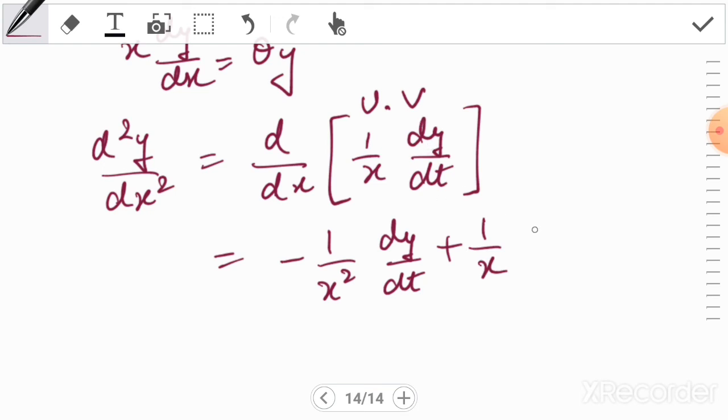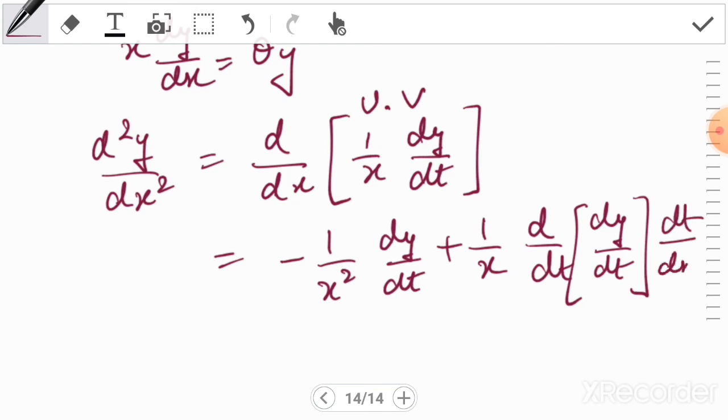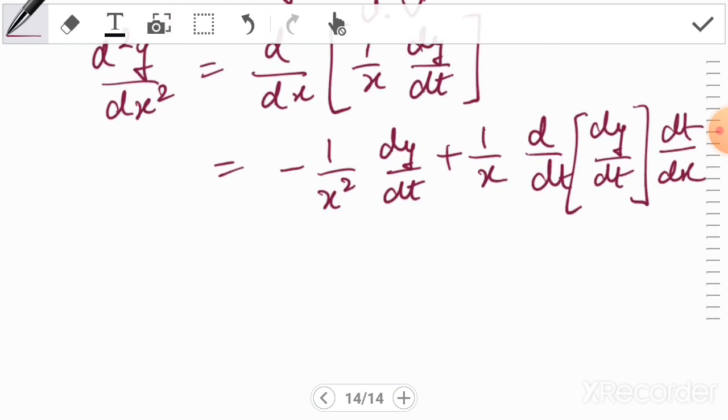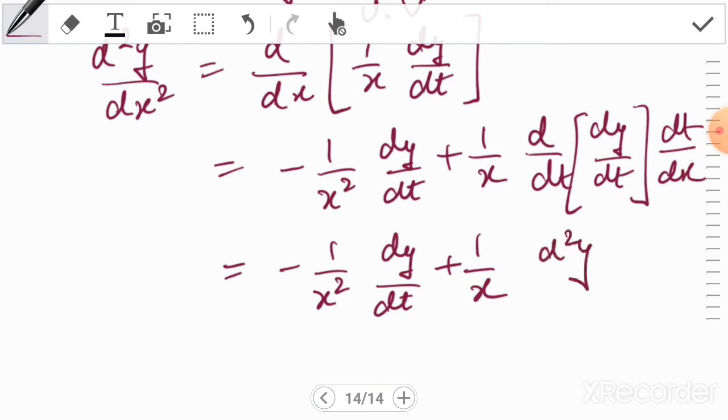So d by dx of dy by dt can be written as d by dt of dy by dt times dt by dx. You will understand why we have written it this way. So minus 1 by x square dy by dt plus 1 by x times d square y by dt square times dt by dx.